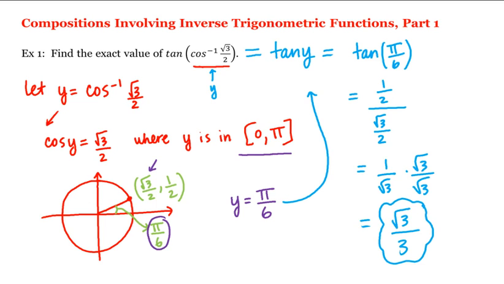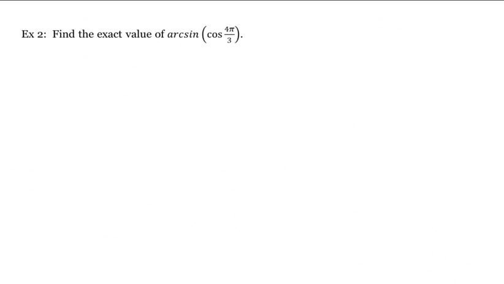All right, let's look at another example. Let's find the exact value of arcsine of cosine of 4 pi divided by 3. Well, what is cosine of 4 pi divided by 3?